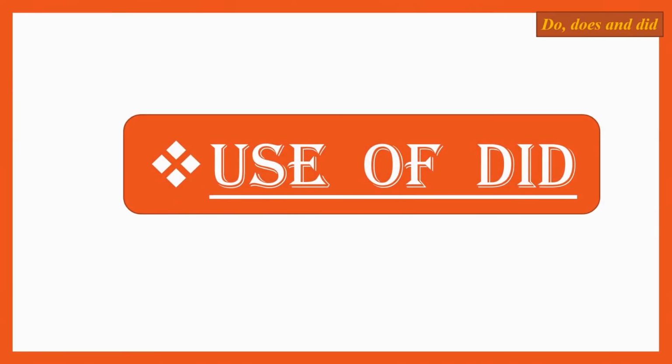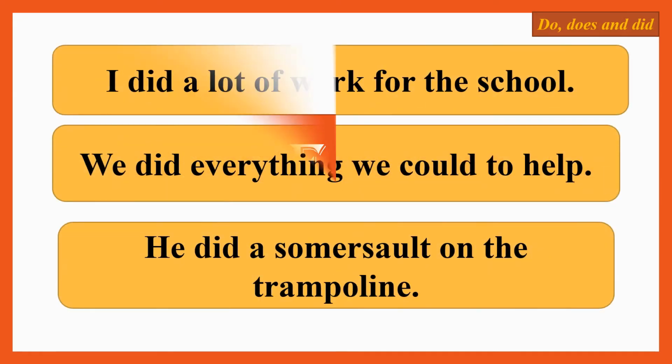Now we will see the use of did in the sentences. Children, now let's see the use of did in sentences. Here, the first sentence is, I did a lot of work for the school.